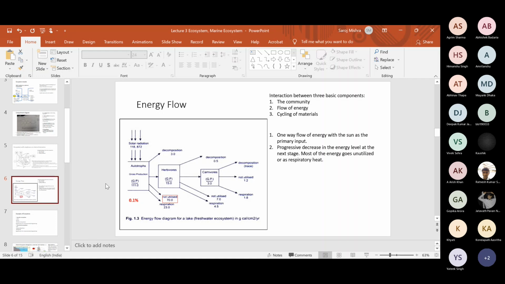Ma'am, why do autotrophs take a very small amount of energy? That is the nature of solar energy, that it is still in a very dilute form. Like solar cells, for example, they are able to capture only a very small part of the energy. The autotrophic systems are still not efficient enough to capture all the energy which falls on them.